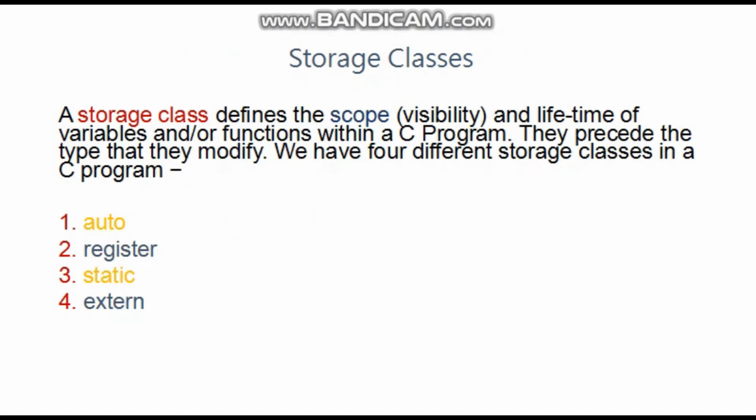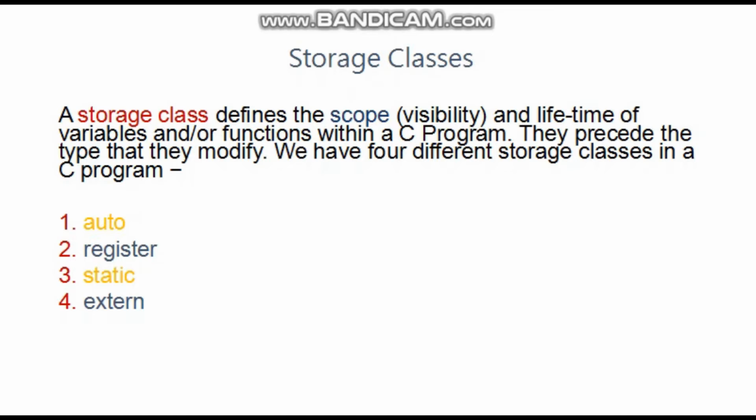A storage class defines the scope, visibility, and lifetime of variables and/or functions within a C program. They precede the type that they modify. We have 4 different storage classes in a C program, which are as follows. 1. Auto. The auto storage class is the default storage class for all local variables. 2.